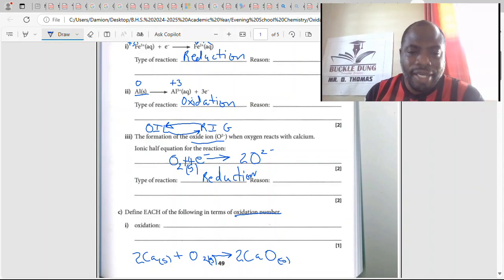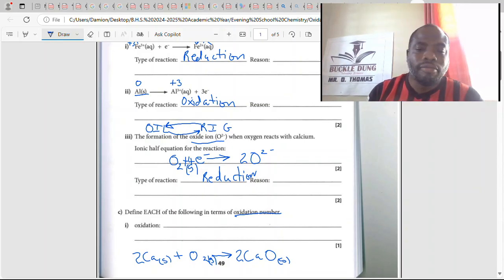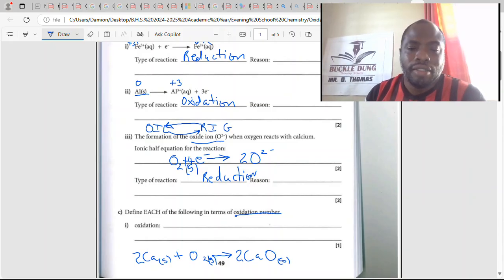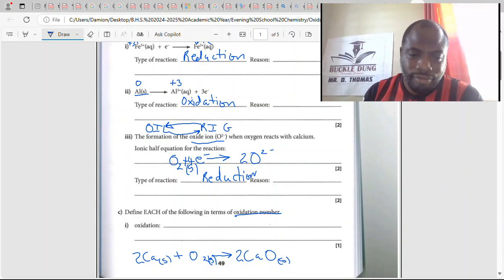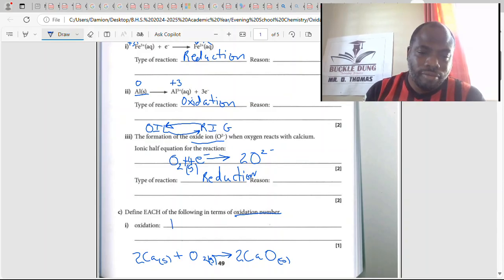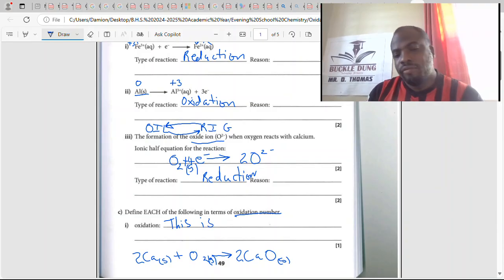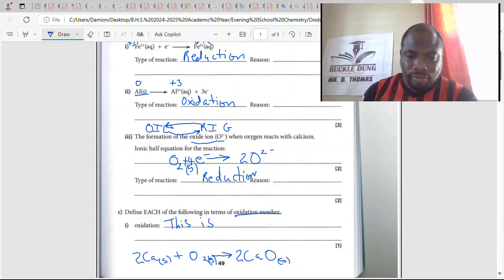It's if we define it in terms of oxidation number. So if you don't do it in terms of this, you can say oxidation is the gain of oxygen. Yes, that's right. But that's not the answer that they're looking for. So tell me the answer they're looking for. The increase in oxidation number.